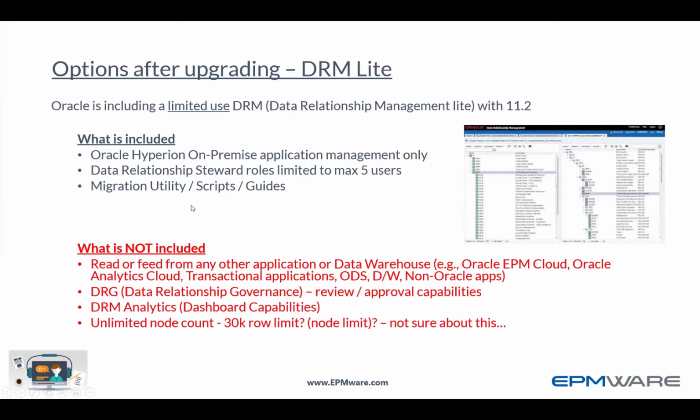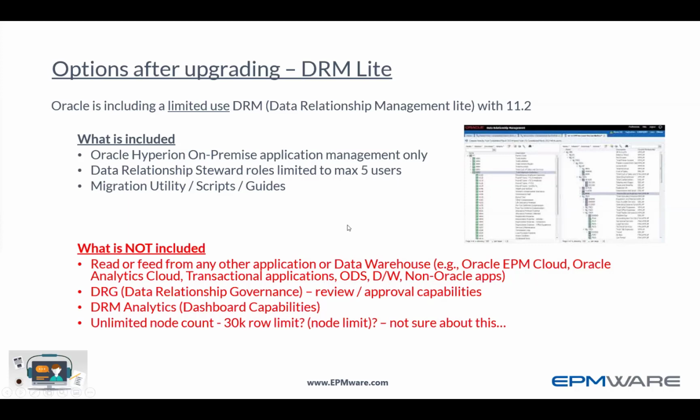There are some migration utilities, scripts, and guides out there, but what you have to remember is that you do have to put this together yourself or have a consulting partner help you out. Unlike the fully licensed DRM, what you do not get is reading or feeding from any other applications, data warehouse, et cetera.